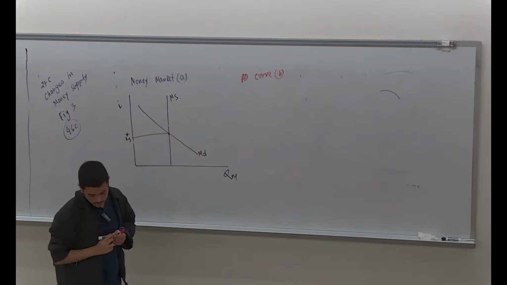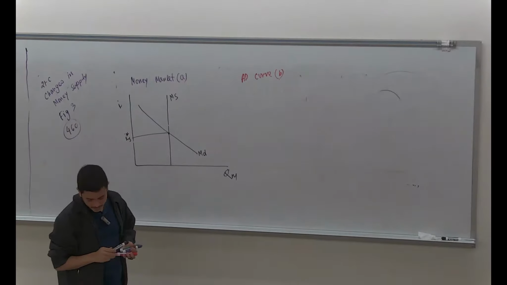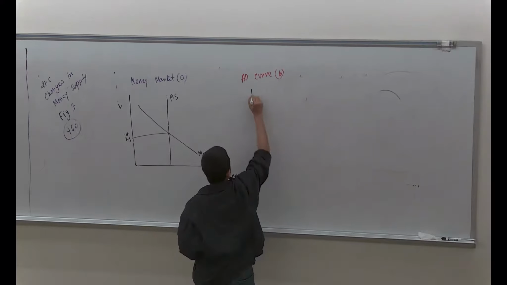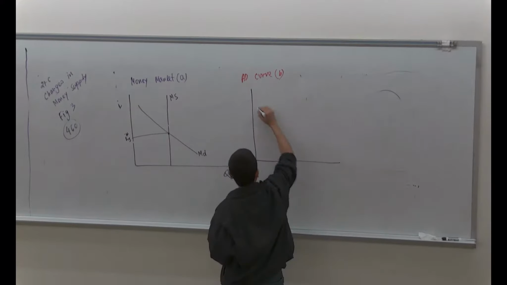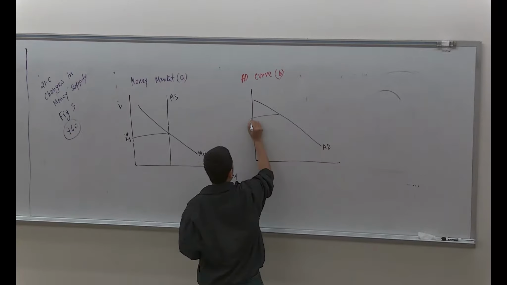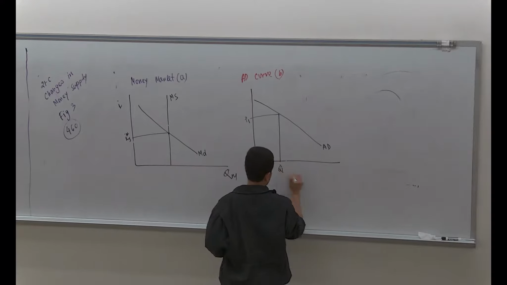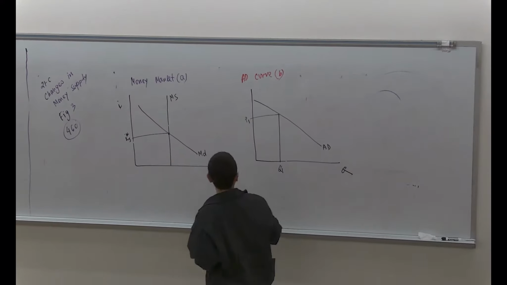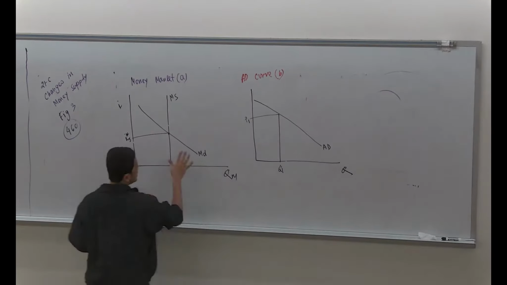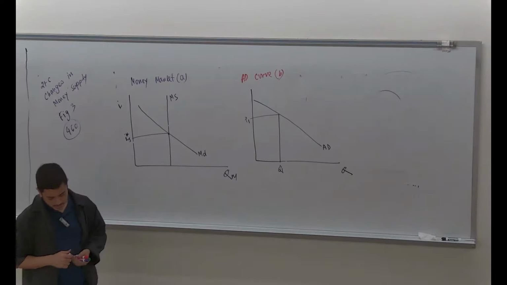Now let's draw an AD curve, P1, Q1. Okay, now here's the initial situation in the money market and aggregate demand.